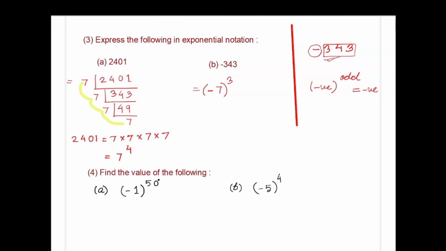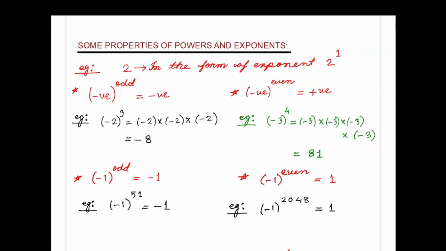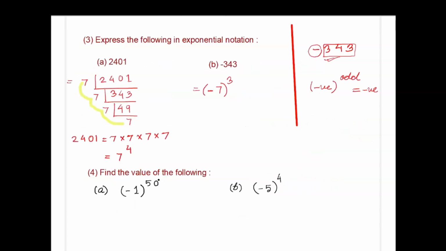Next, come to the next question. Find the value of the following. Already we have discussed that negative power odd is negative, negative power even is positive. That is, (-1) power odd is -1, (-1) power even is +1. That we have to remember to solve this question.